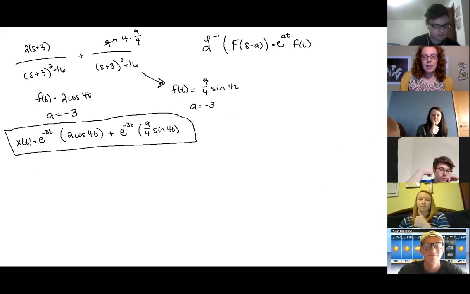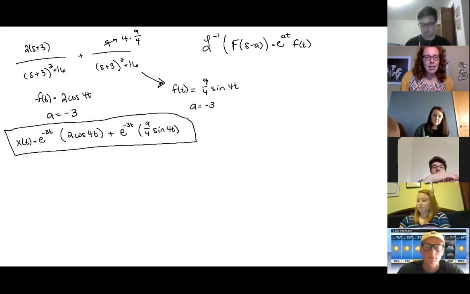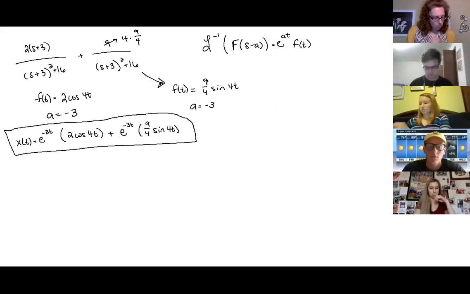Okay. All right. Let's try another one. And this one's not going to start with a differential equation. I'm just going to tell you something to find the Laplace transform of. So we're kind of jumping in; we've done step 1, we've done step 2.